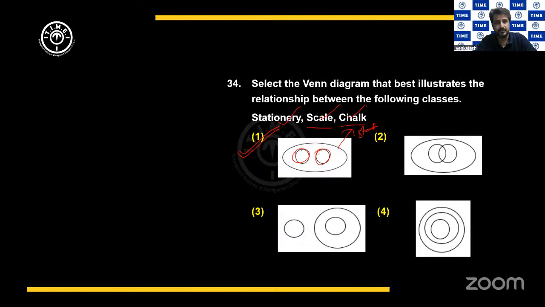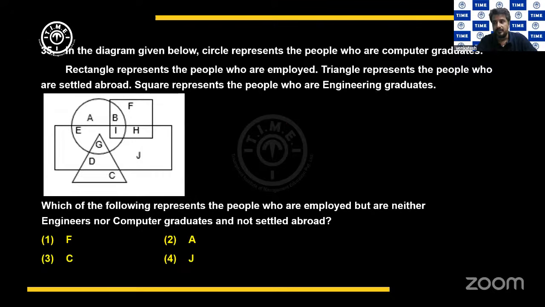Next. Right. In the diagram given below, a circle represents people who are computer graduates. Rectangle represents people who are employed. Triangle represents people who are settled abroad. Square represents people who are engineering graduates.